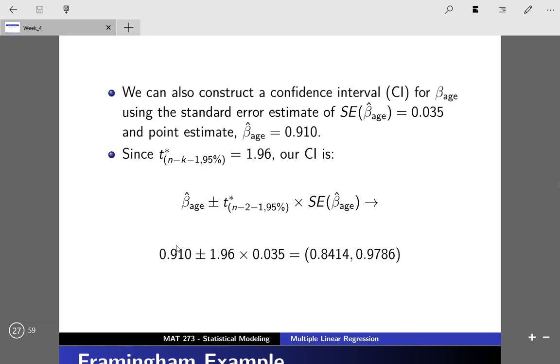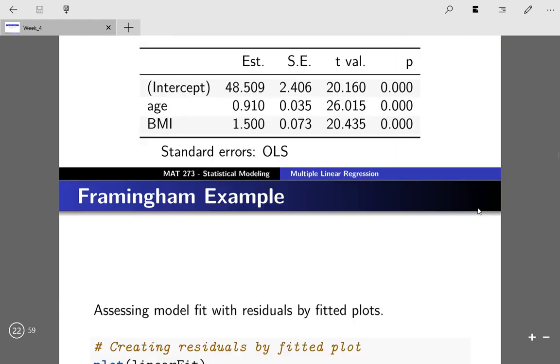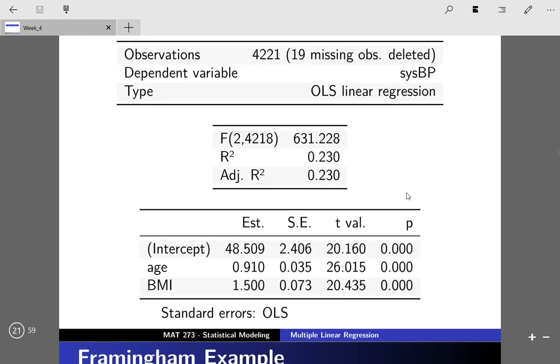I plugged in the estimated regression coefficient plus or minus the T-star multiplier times the standard error of the coefficient for age. And then you should get these two values when you do that. So it's good to know how to create a confidence interval like this given the regression output here that I gave you.